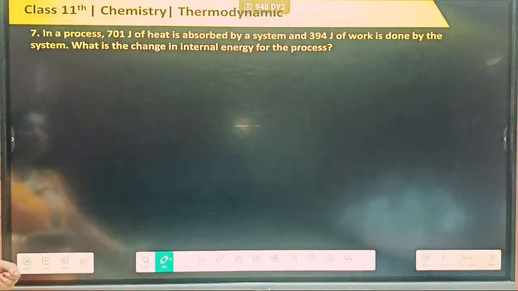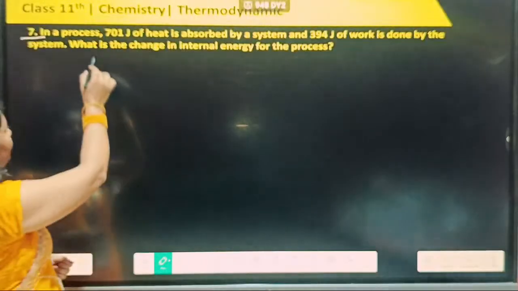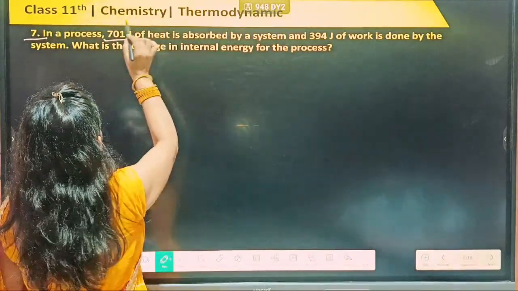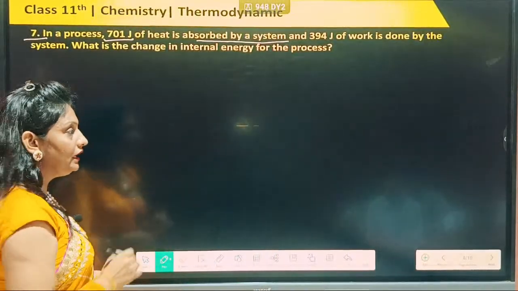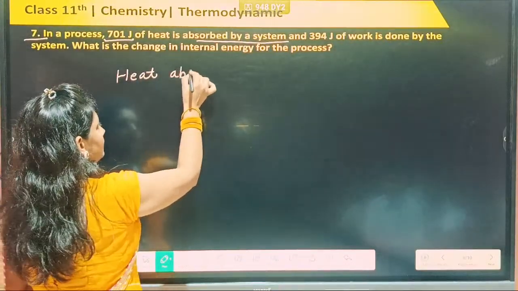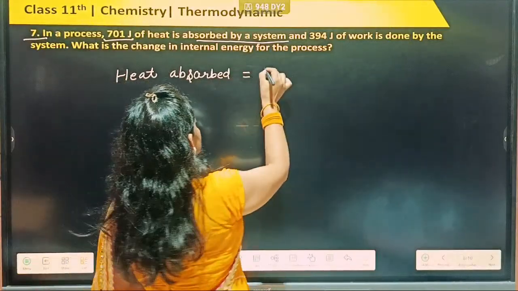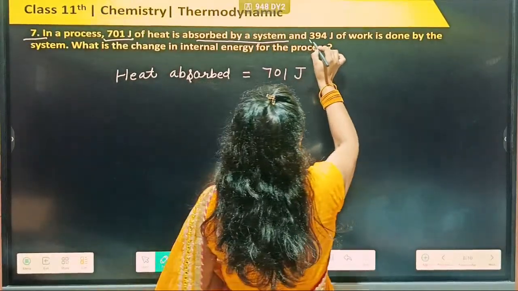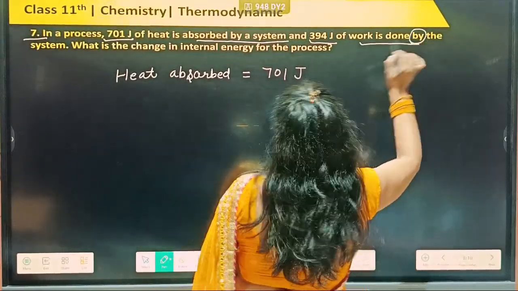Then, students, let's see the next question. Here is question number 7 of the NCERT exercise. In a process, 701 joule of heat is absorbed by a system, that is 701 joule, and 394 joule of work is done by the system.